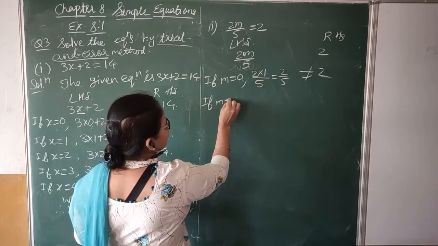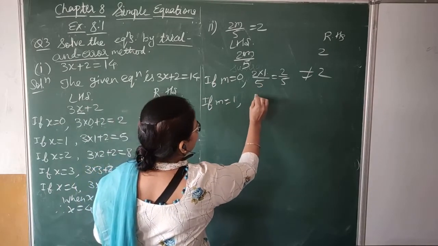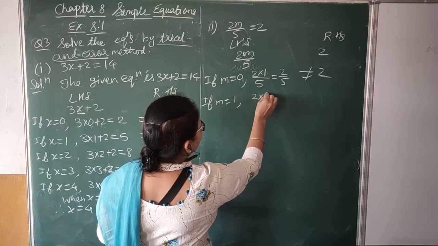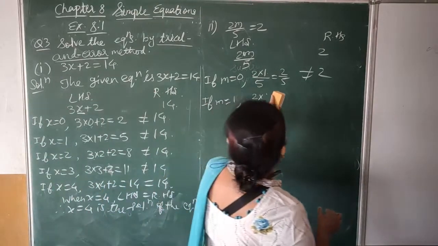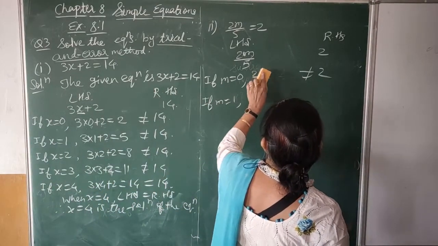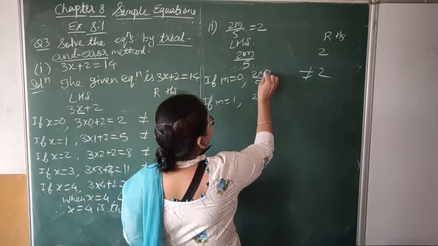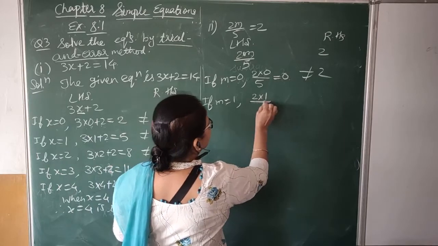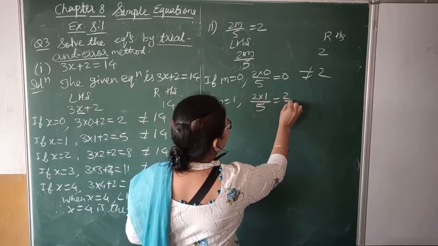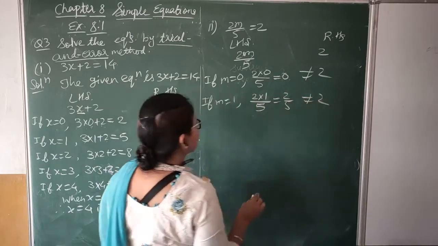Now if m is equal to 1, here I have to put 0 now. M equals 0, so 2 zeros are 0, which is not equal to 5. Let's put 1, which is 2 by 5, which is not equal to this.